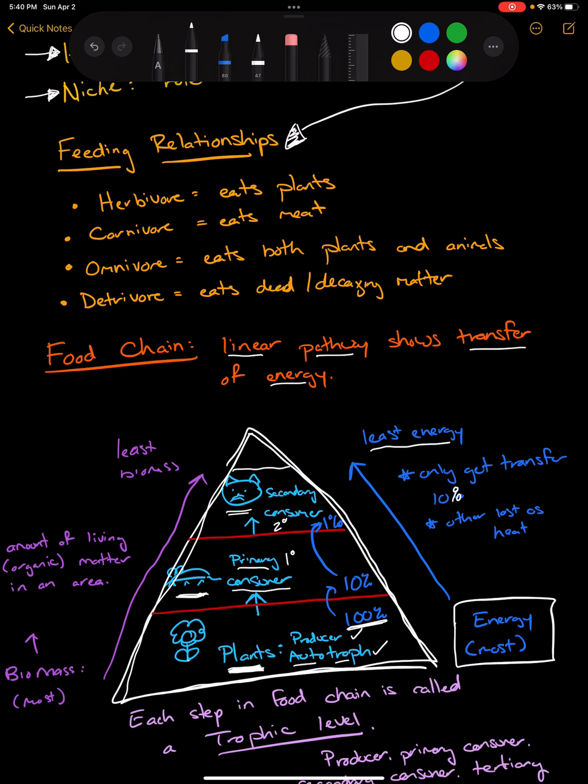So if I had 100% energy down here at plants, then they only get to give 10% of their energy to my primary consumers, which means they can only give 1% of their energy to the secondary consumers. And if I'd had a tertiary up here, then they'd only get 0.1%. So I lose energy as I go up my food chain.